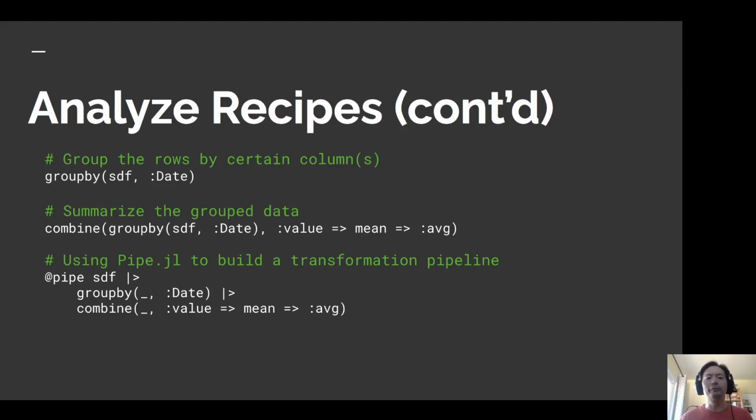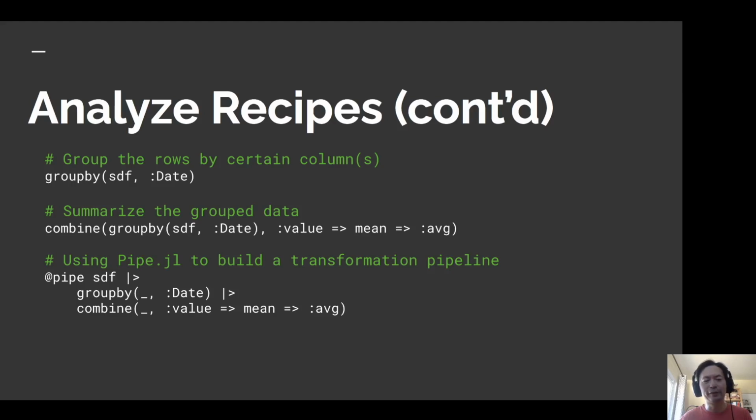One thing that's kind of convenient, if you do a lot of this analysis in the REPL, is that the Pipe.jl package allows you to build this kind of transformation pipeline. Basically, you can take a data frame, pipe it to the next function, and in the next function, whenever you see an underscore, that underscore will be replaced by the result of the function that was called right before the pipe operator.